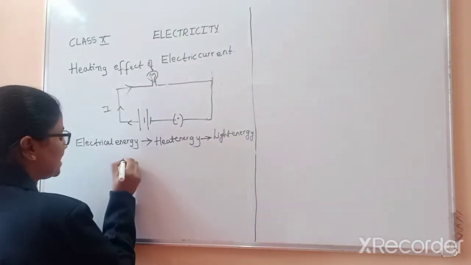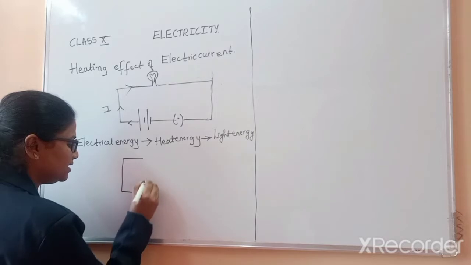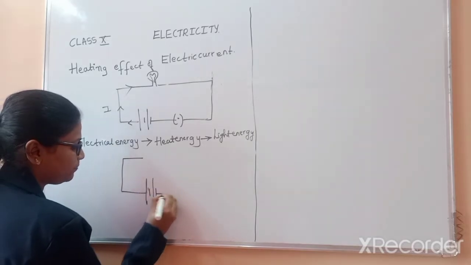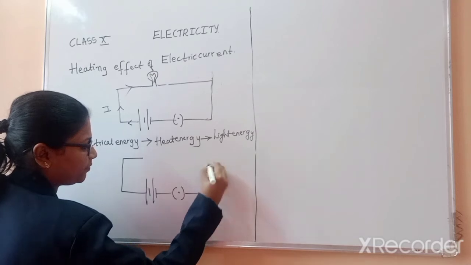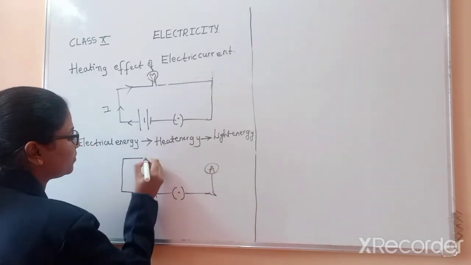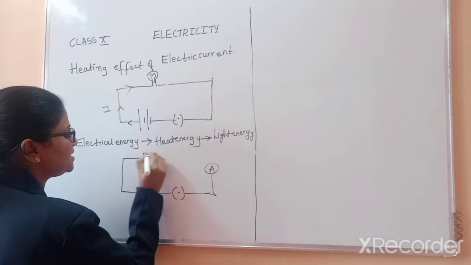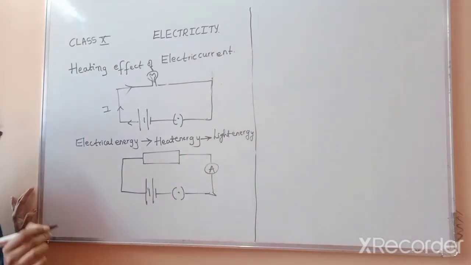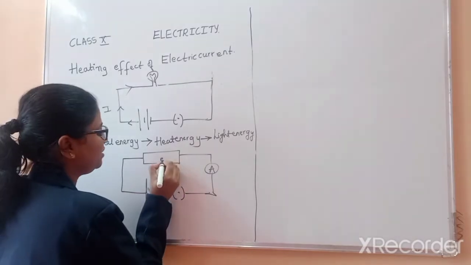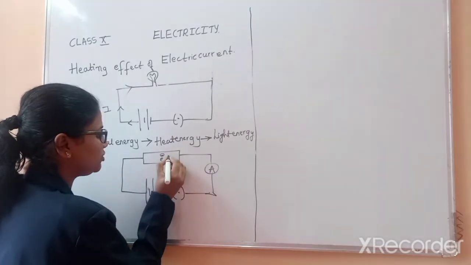Let us consider again a simple circuit, with a conductor. When the switch is on, the electrons will flow.